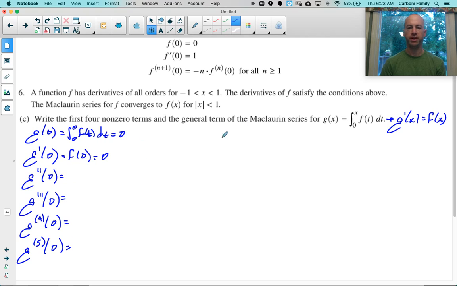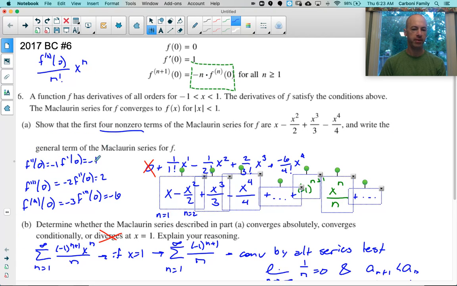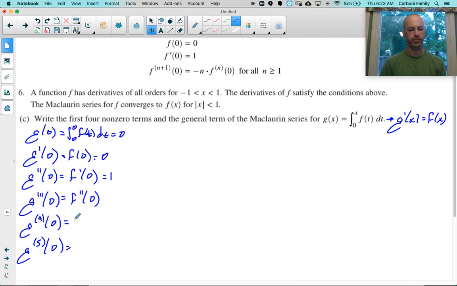So g double prime is going to be, if g' is f, g'' is f'(0). f'(0) is 1. g''' would be f''(0). And I think we did that in part A. Yep, f''(0) was -1.